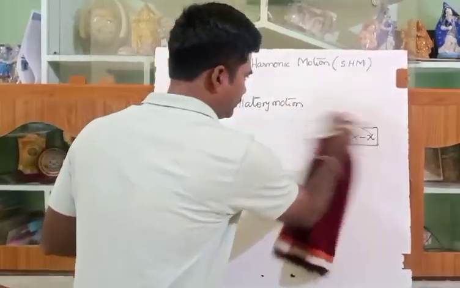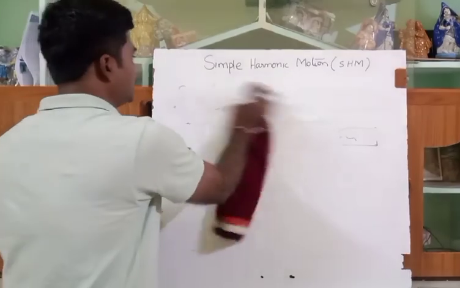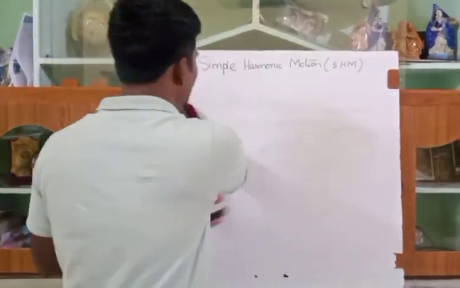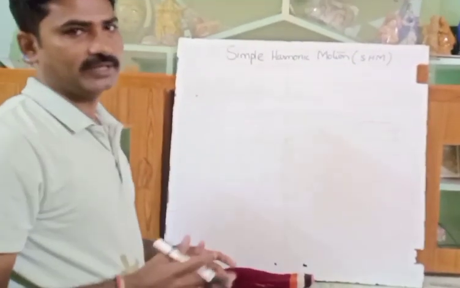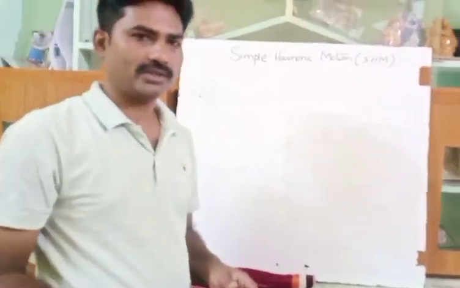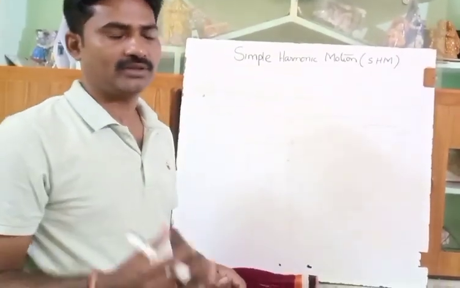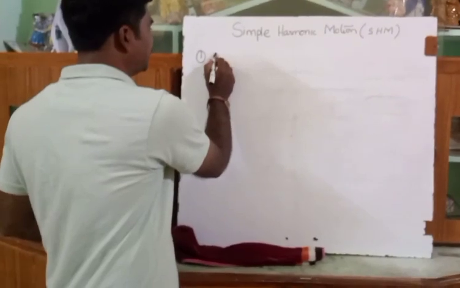Now to understand simple harmonic motion, we are going to discuss some physical quantities such as displacement, velocity, acceleration, time period, frequency, and so on. So the first and basic physical quantity is displacement.